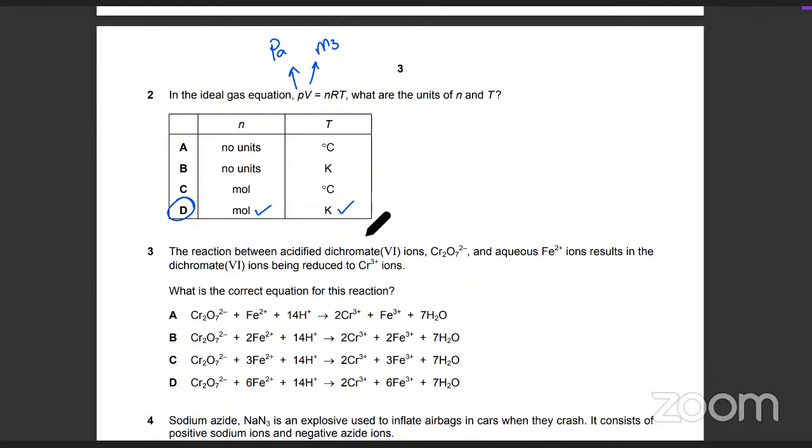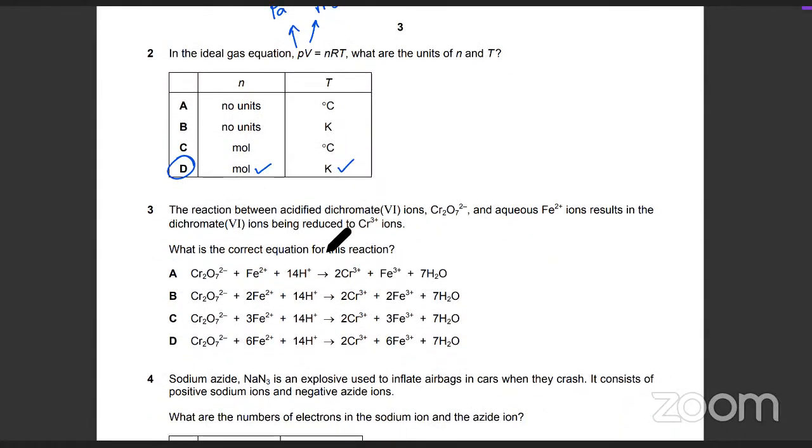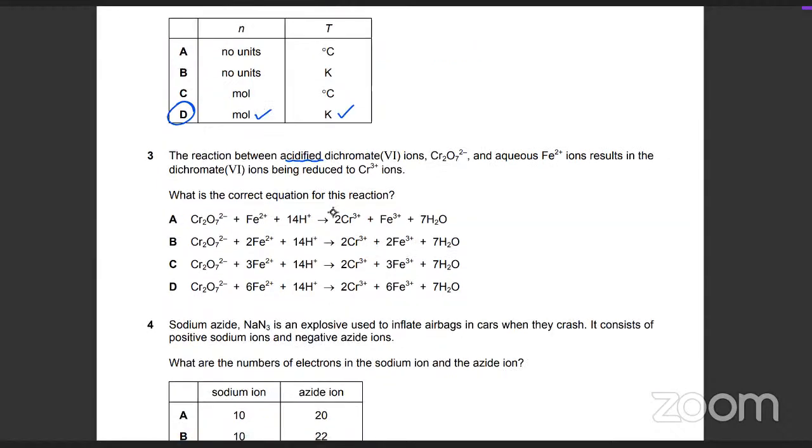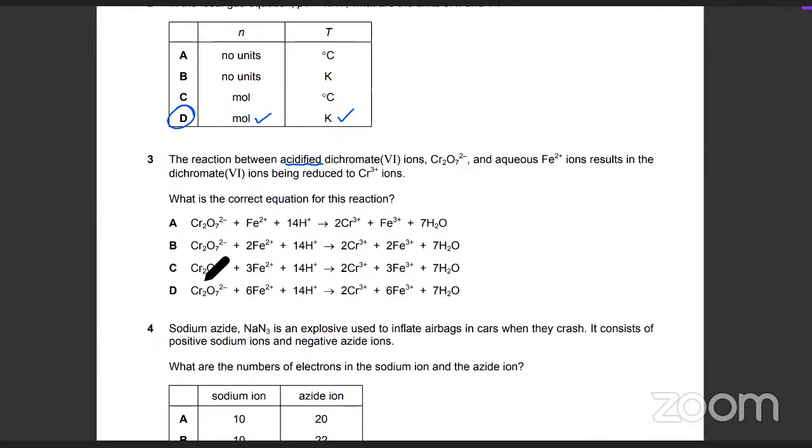The reaction between acidified dichromate(VI) and Fe2+ ions results in the dichromate ions being reduced to Cr3+. What is the correct equation for this? Just for the sake of detail, let's say these equations are not given, although all of these equations are exactly the same.